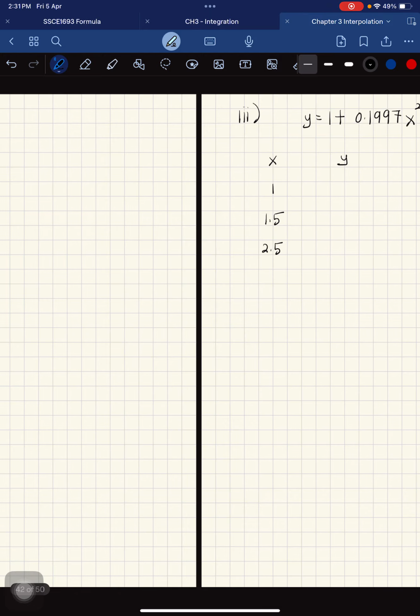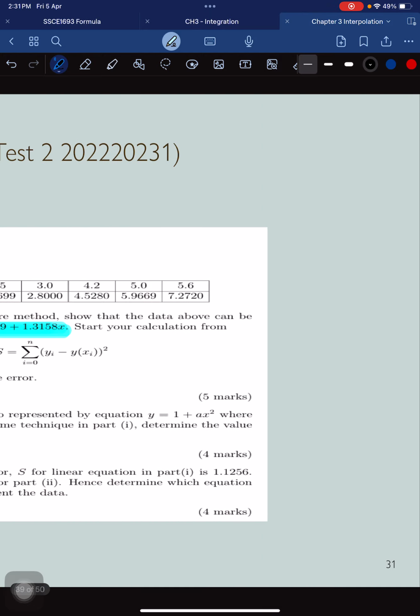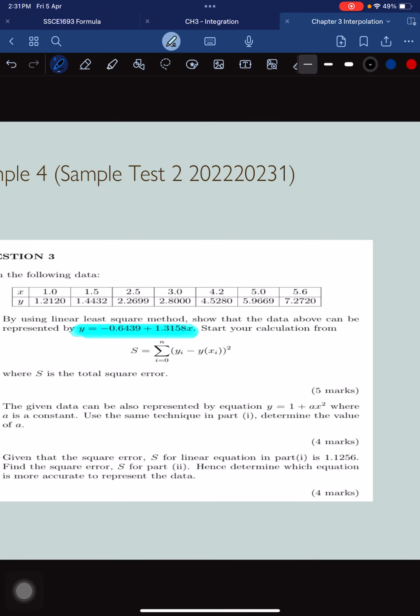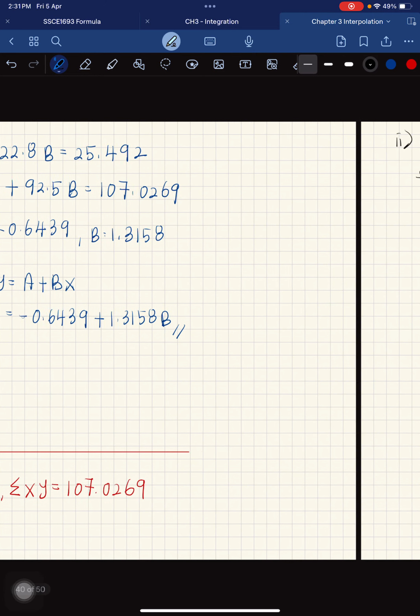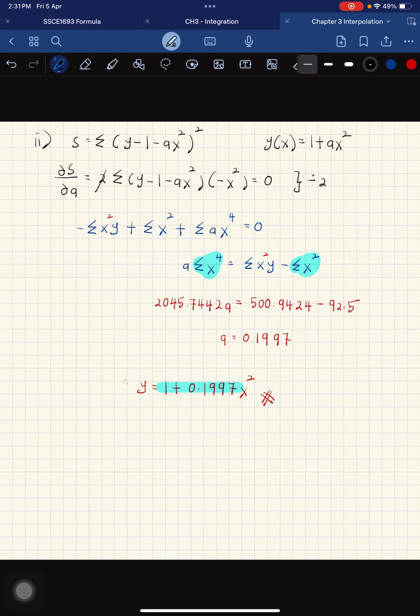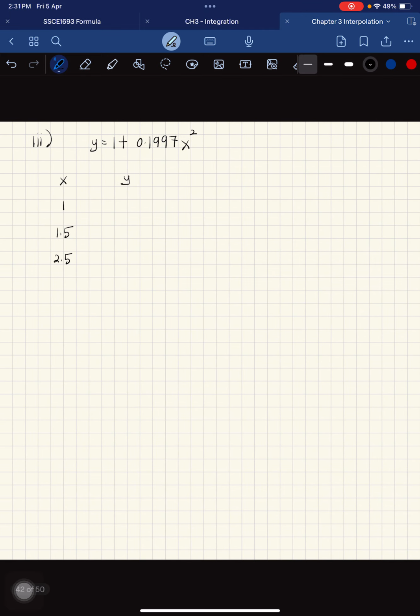This one you can take from the table, okay? And then we have 3, 4.2, 5, 5.6. This one I refer from our calculator.